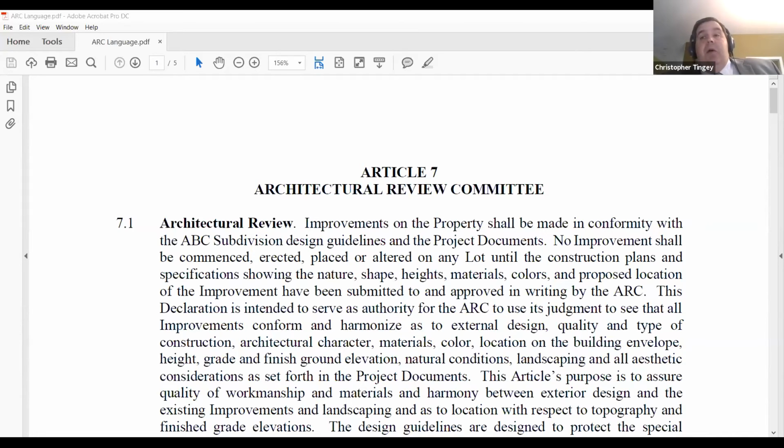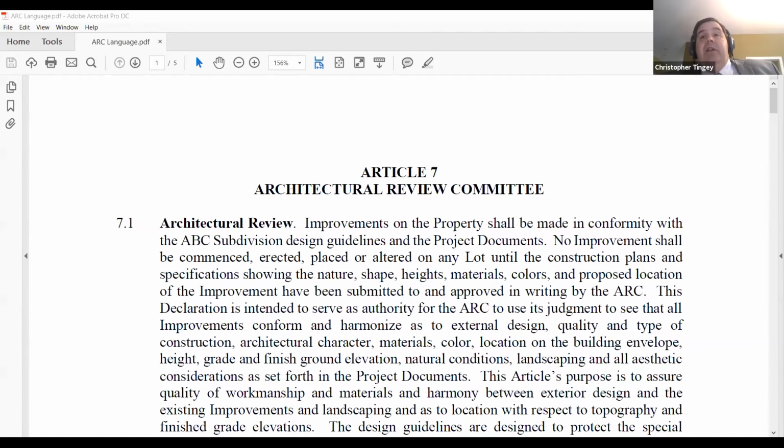So what happens? What's the process? Well, owner makes an application, and with that application, typically you require plans and specifications to be submitted. As we showed up here, construction plans and specifications showing these details, you've got to get it.